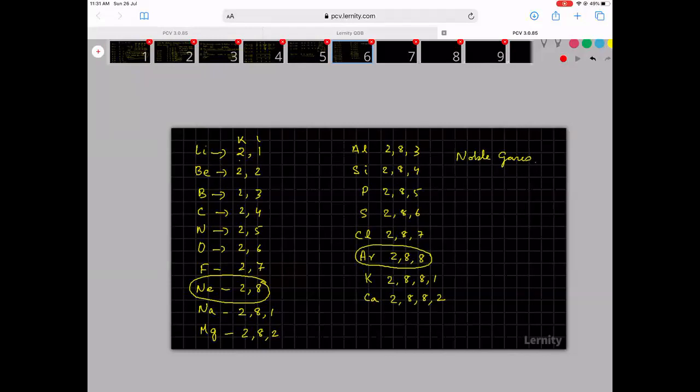And they observed that if an element has 8 electrons in the outermost shell, it is highly stable.